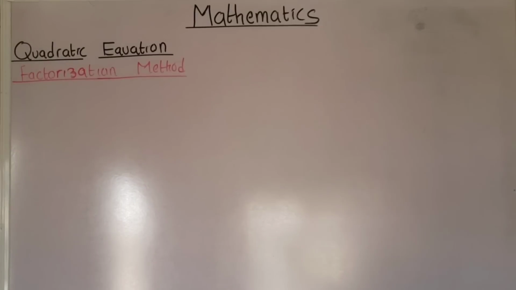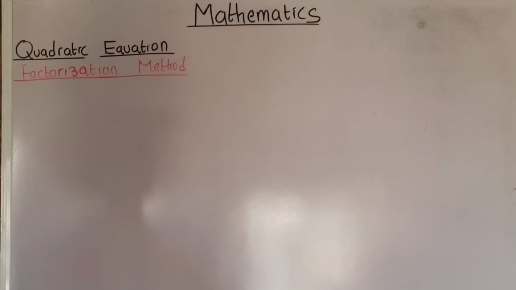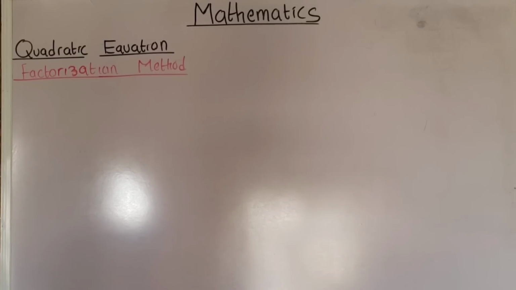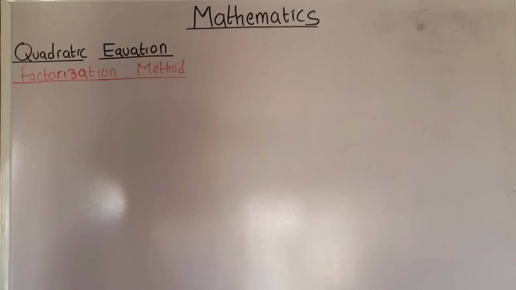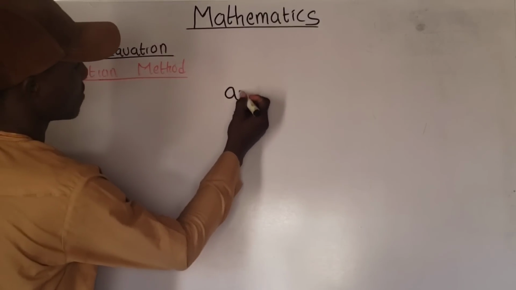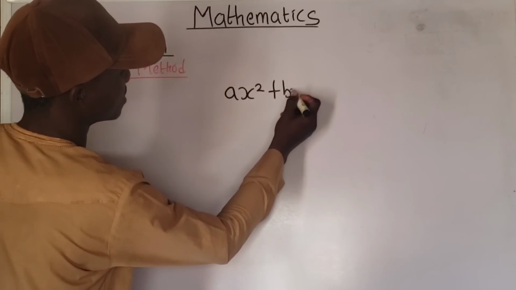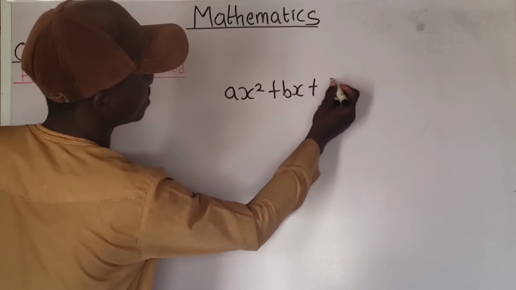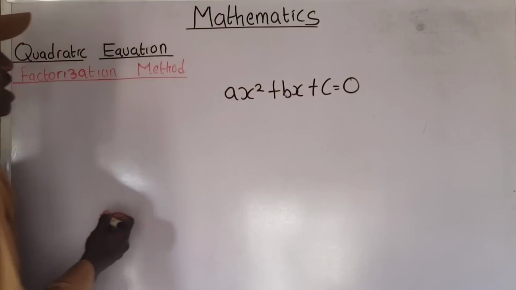Okay? In this class, we are going to learn how to solve quadratic equations using the factorization method. The type of quadratic equation that we're going to be focusing on is the type where a is not unity. You understand? In our previous class, I gave you a typical representation of a quadratic equation: ax squared plus bx plus c equals 0.